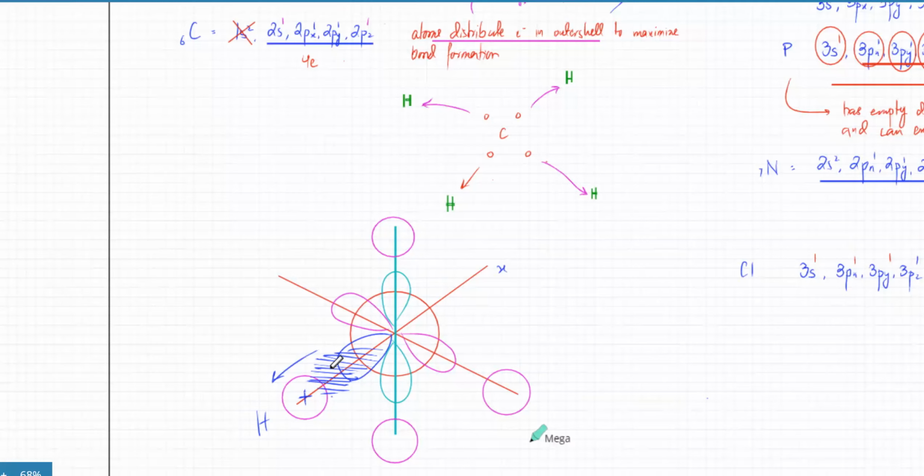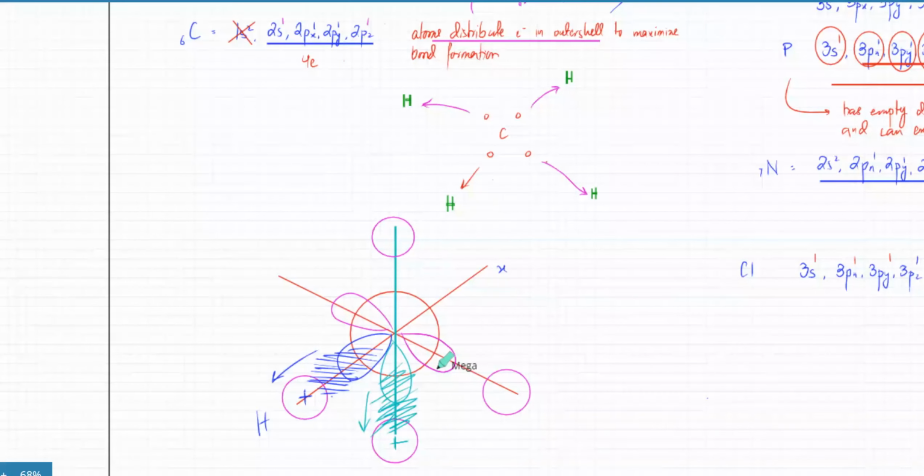The same thing would happen to this blue one, the electron density. The hydrogen nucleus over here will pull the electron, and the electron density would shift towards the hydrogen, and the electron would stop going to the other side. So the electron that was buzzing on the z-axis up and down everywhere has now got pulled towards the hydrogen at the bottom.